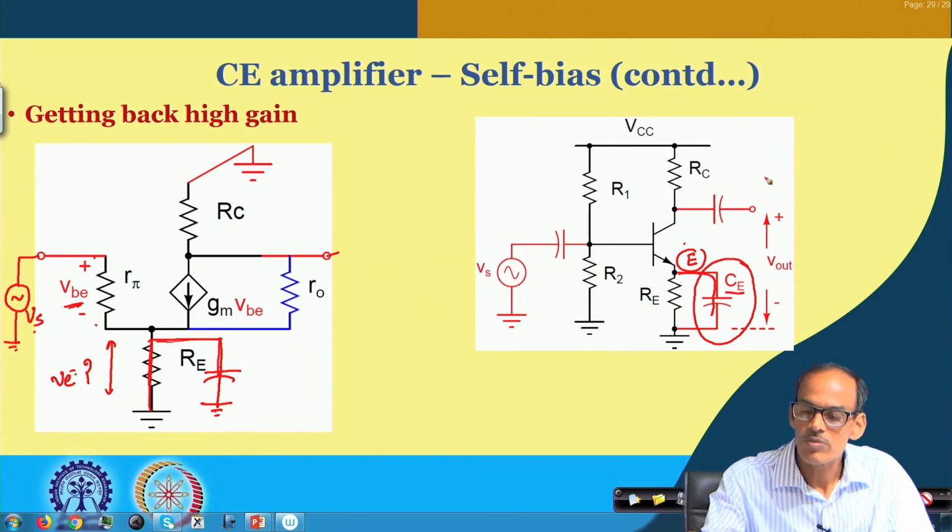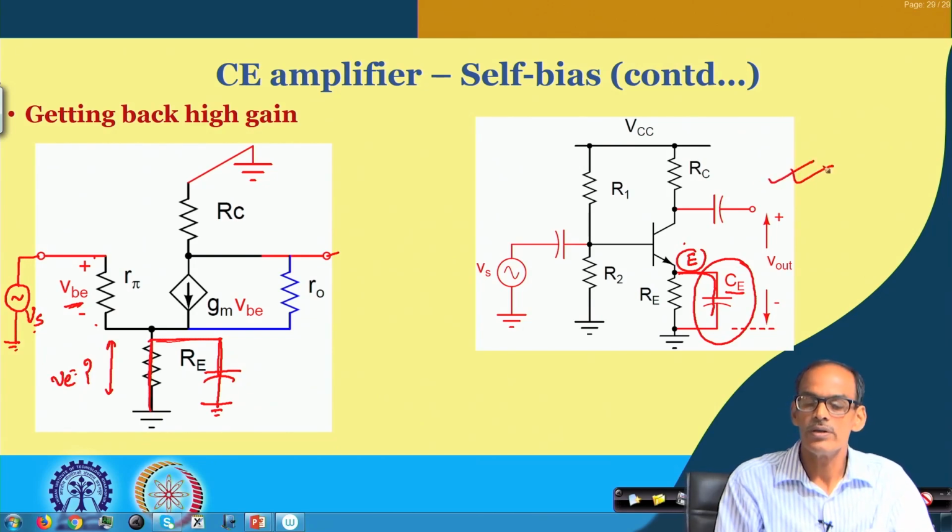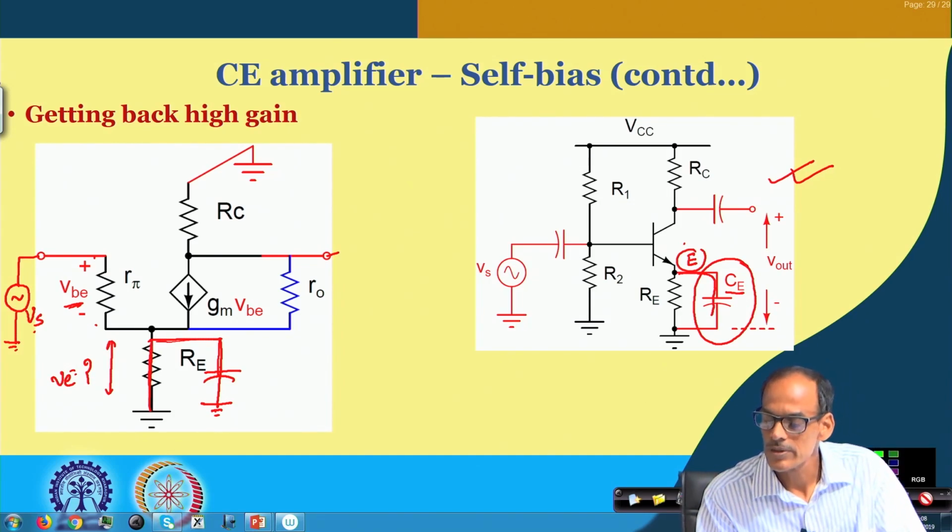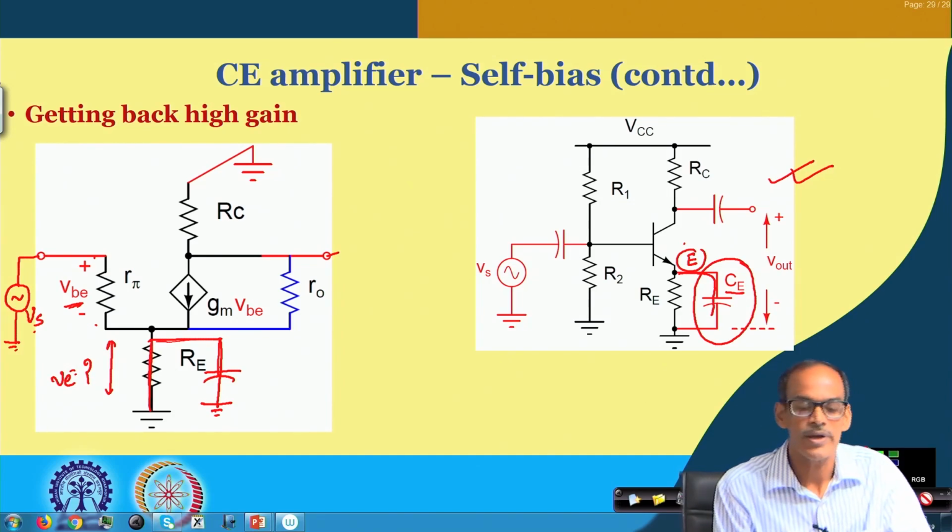So, if you draw the small signal equivalent circuit of this one, it becomes similar to whatever we have already discussed for the fixed bias circuit.